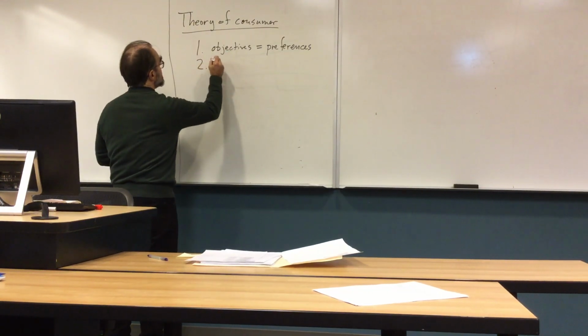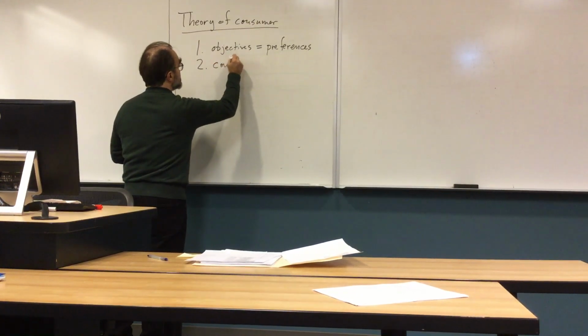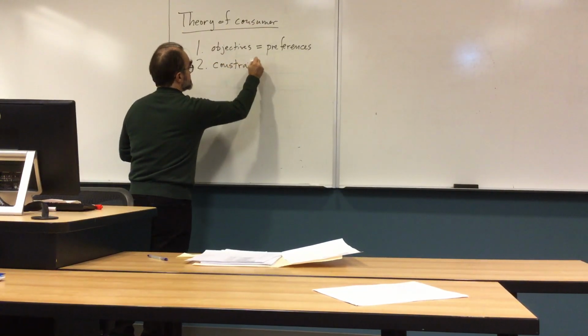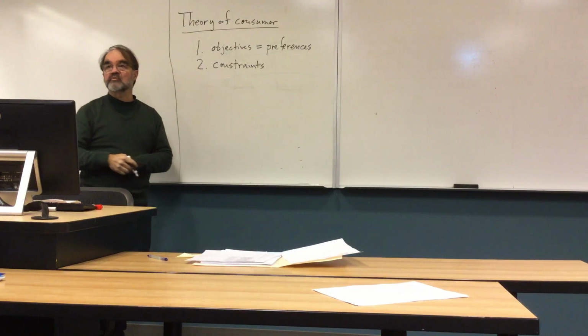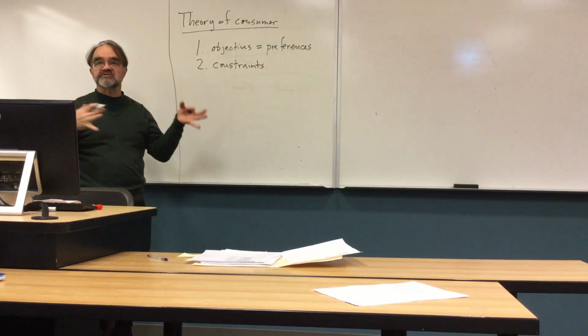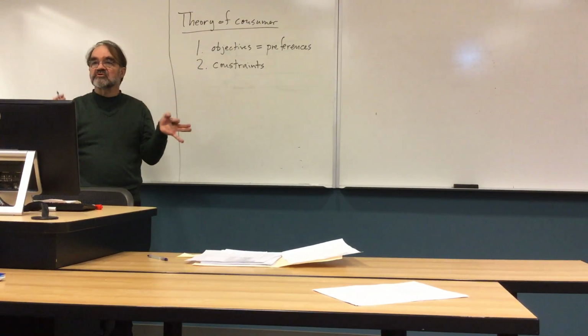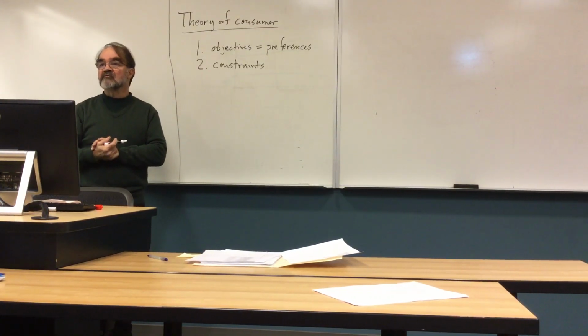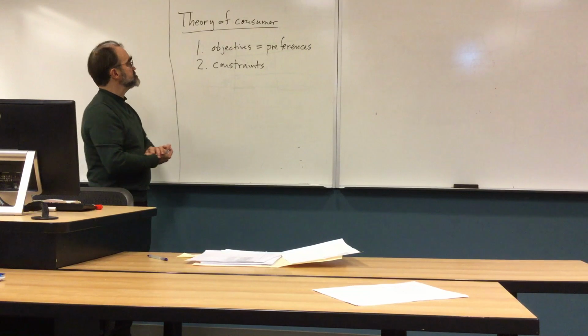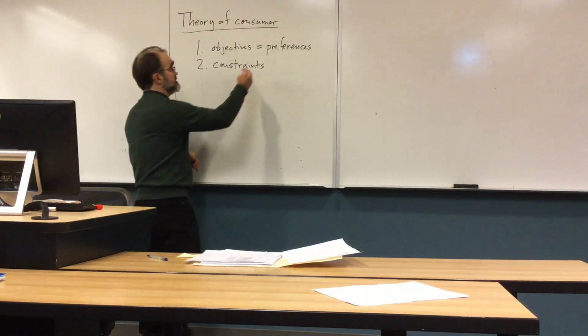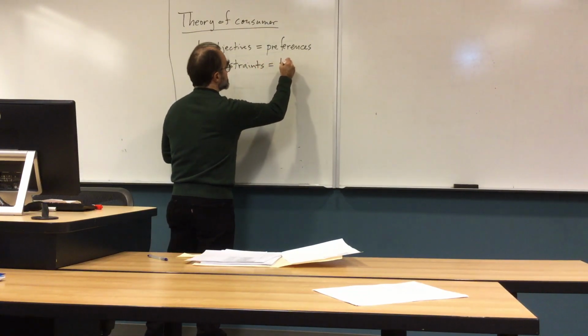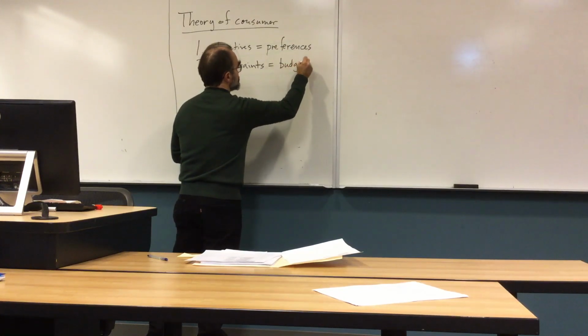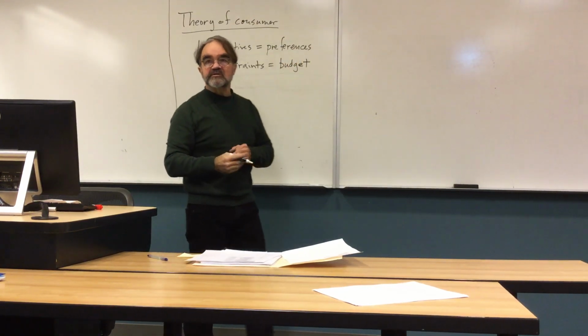Secondly, there are constraints. So we talked about these last time as contingency. So this is the external environment that prevents the consumer from getting everything that he or she wants. And in the case of the consumer, we call the constraint the budget.